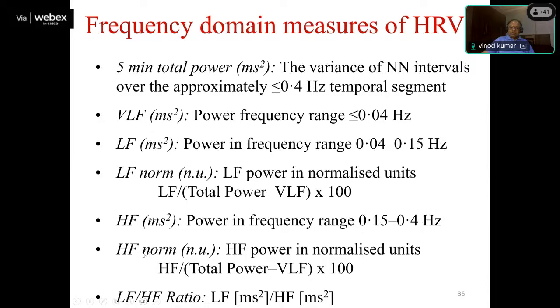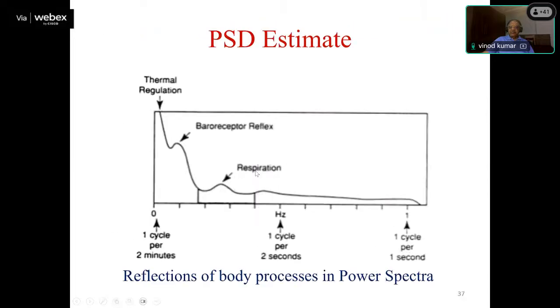High frequency normalized will be high frequency divided by the same value, total minus VLF, and the ratio is low frequency by high frequency. So we find out the spectrum of the HRV signal, and then we calculate these parameters: VLF, LF, HF, HF normalized, and ratio.